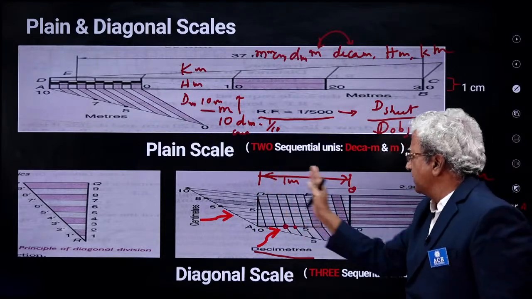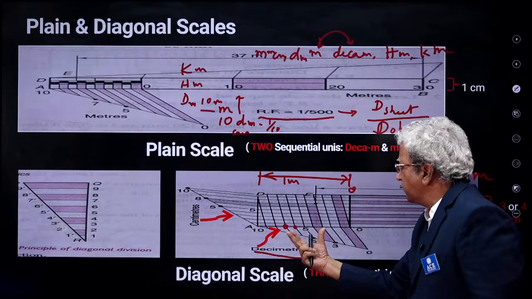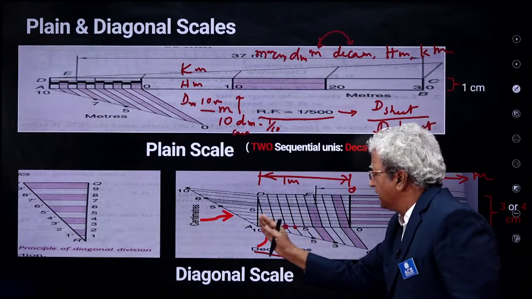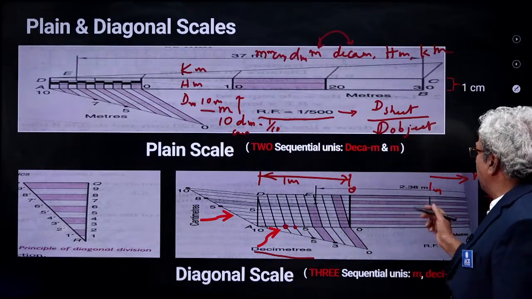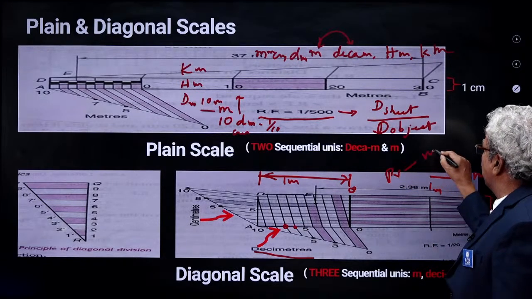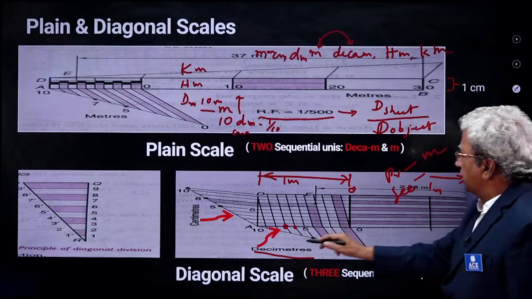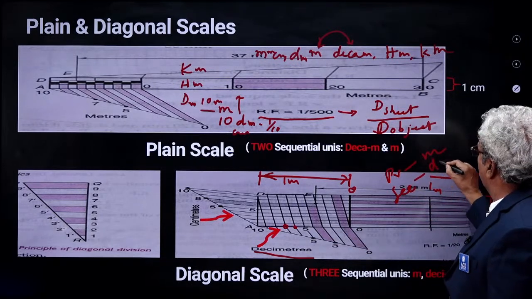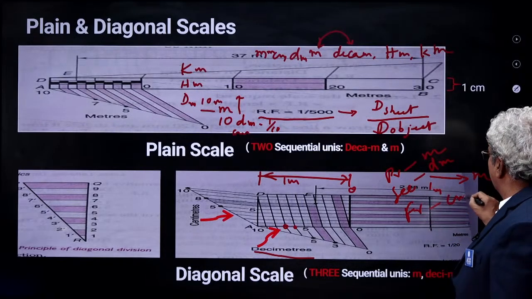Then divide it into the required primary units, and the first unit we divide into secondary units. Here primary units are meters, secondary units are decimeters, and fractional units are centimeters.